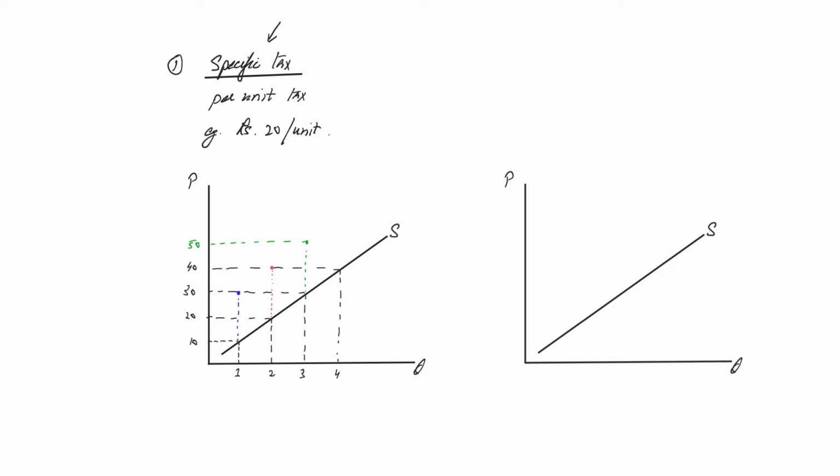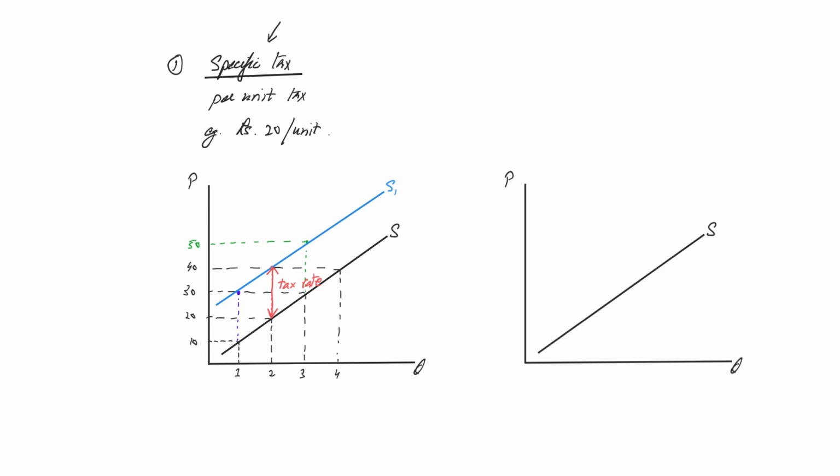So basically, this helps me derive a new supply curve after indirect taxes. It's shifting to the left or it's shifting upwards. Both mean the same thing. What you need to know is that the vertical distance between the two supply curves, the 20 rupees in this case, is the tax rate, because that's how much the producers increased the prices by. Now, we don't know what the equilibrium price is right now.